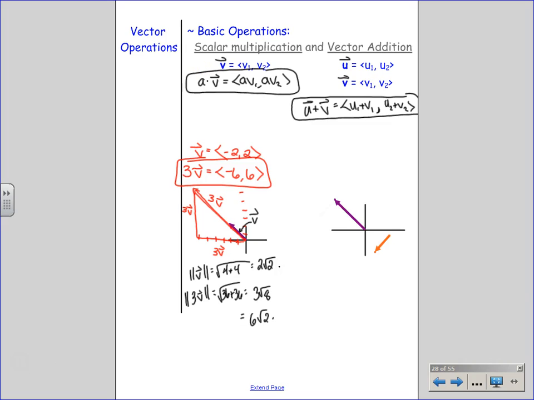Because it all comes back to this picture. If we were trying to add vector u plus v plus w, it would be this resultant, this net that I talked about yesterday.